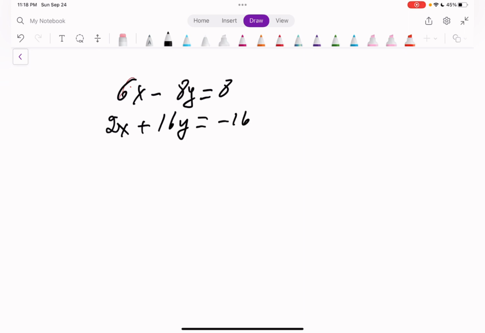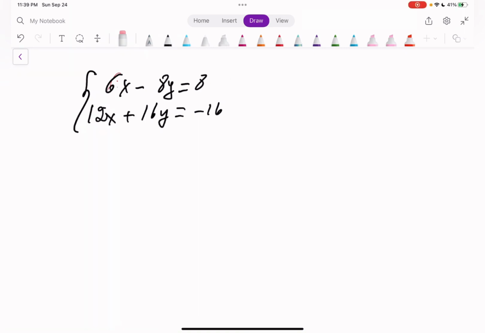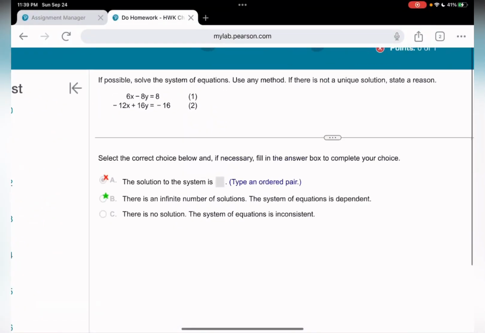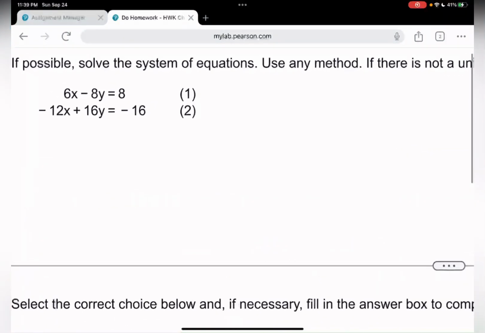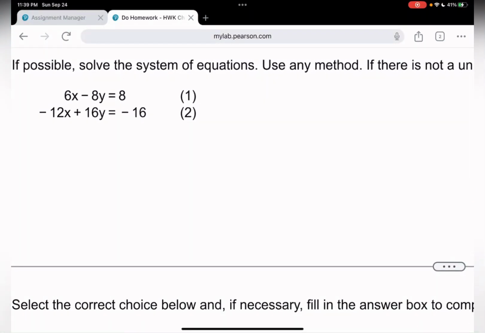All right. So which method are we going to use? Addition. So let me double check my writing. Negative 12x.